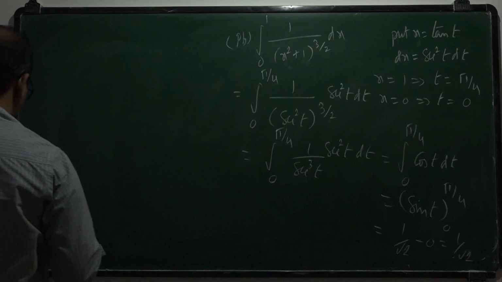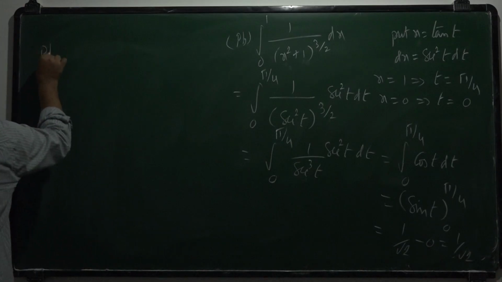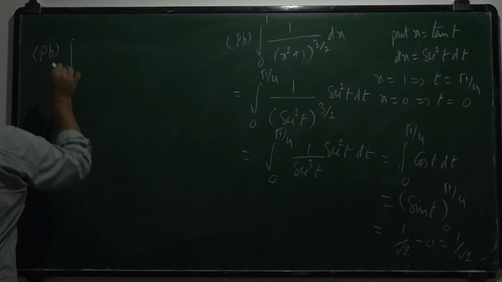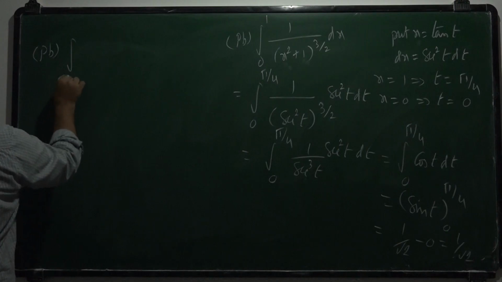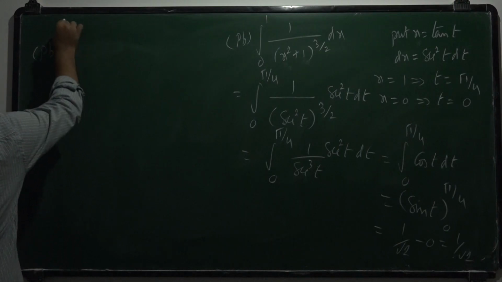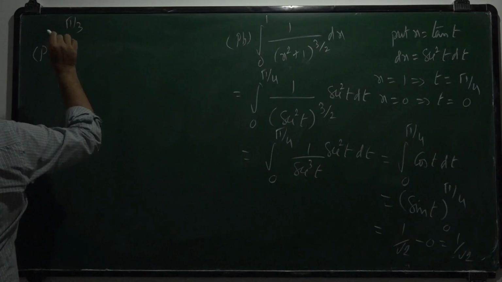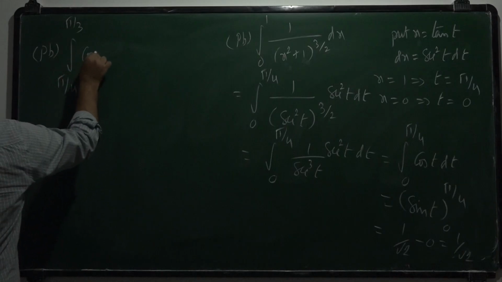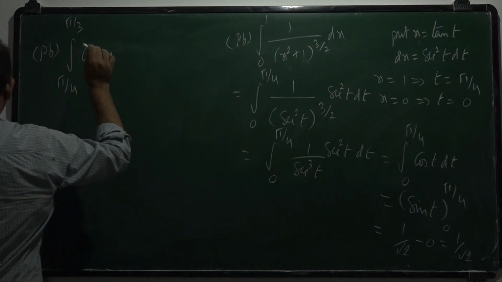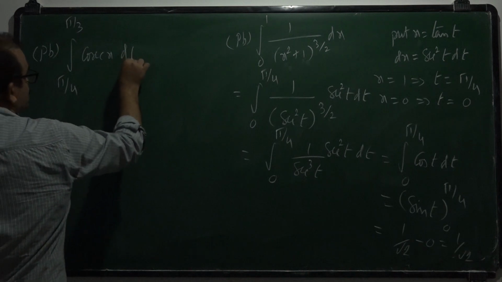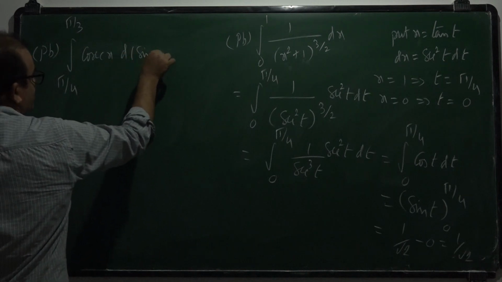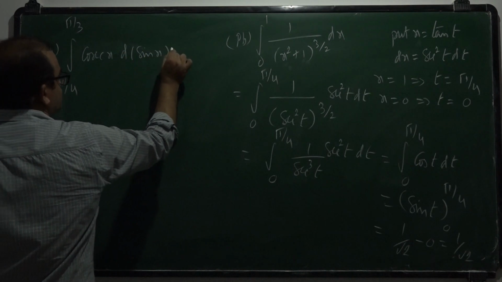Next, integral pi by 4 to pi by 3, cosecant x into derivative of sin x.